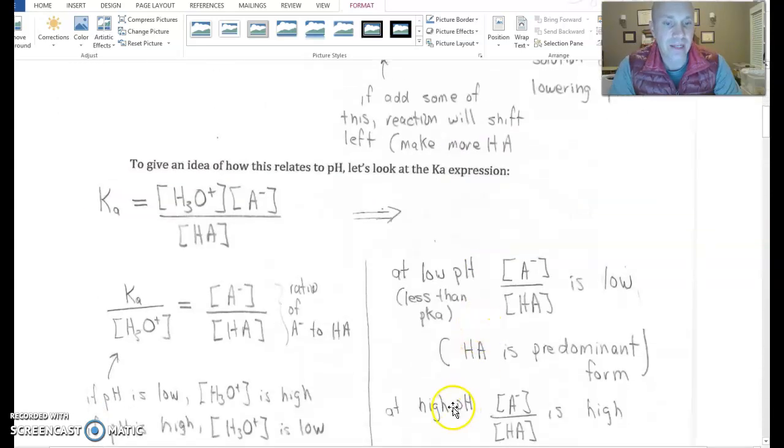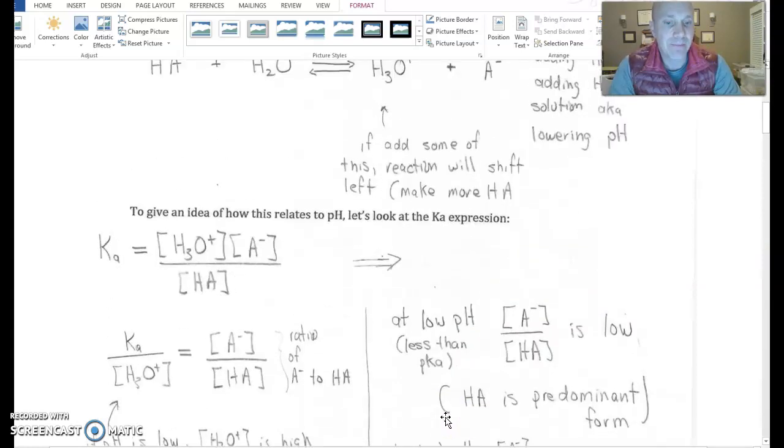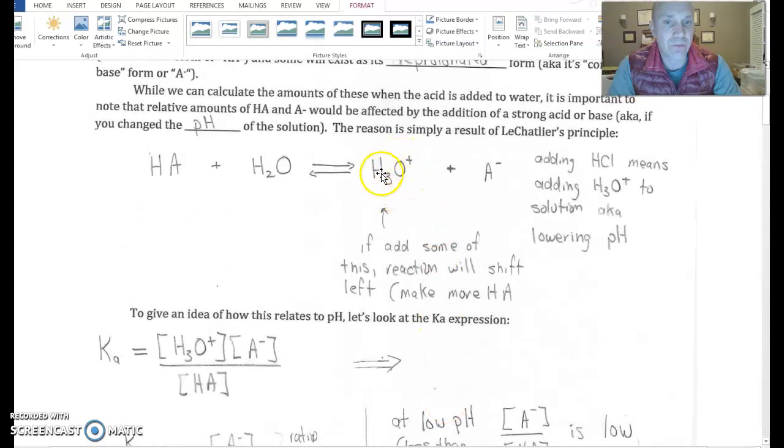At higher pHs, you have relatively small amounts of H3O+. So if you were to increase the pH, that's essentially taking H3O+ out of the solution, and that's going to shift it to the right. So that's going to mean lots of this and little of this.